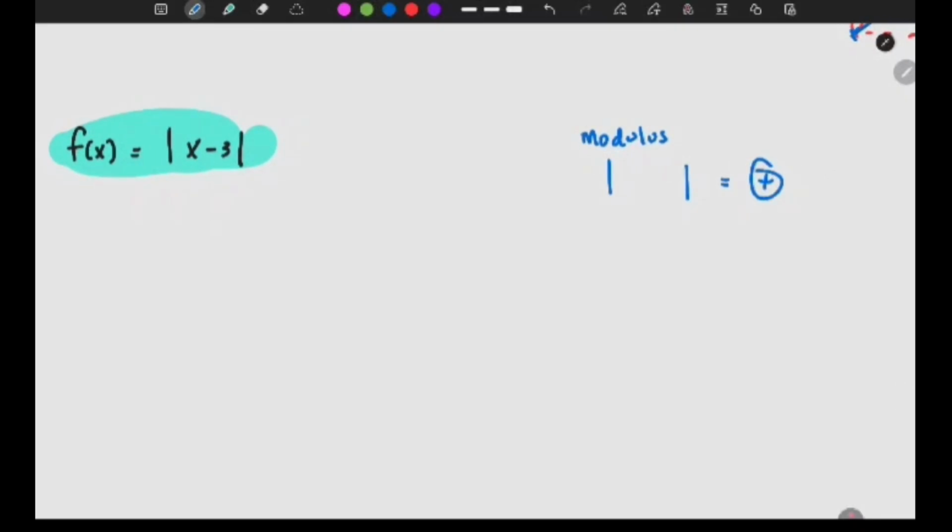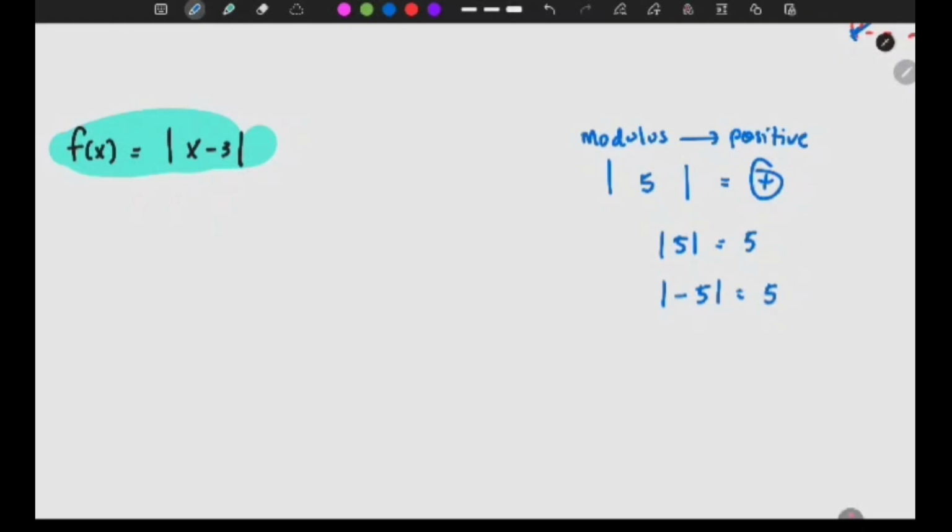You cannot get a negative answer. For example, I have 5. I put 5 inside a modulus, so my answer will be 5. If I put modulus negative 5, it will be 5. It has to be a positive number.